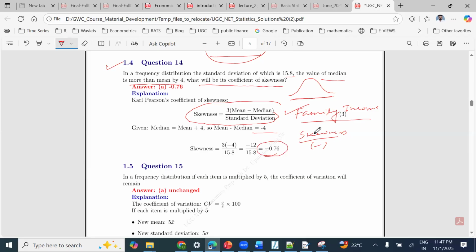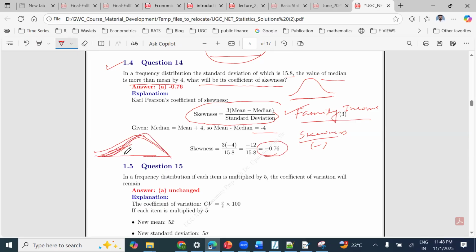Like what I told you, how will negatively skewed data look? Let me draw it and you can correct me. It will be like this, right? Not exactly like this. The tail will be towards the left, sir. Tail is towards the left.